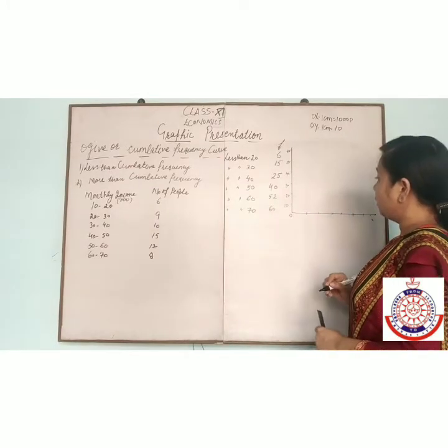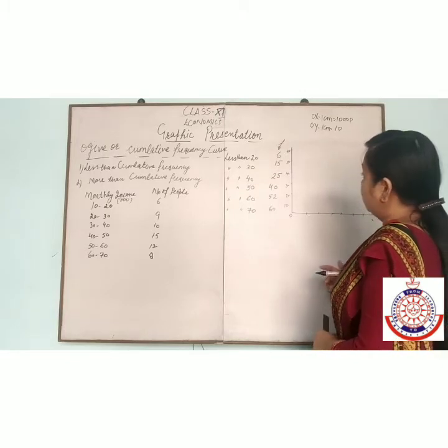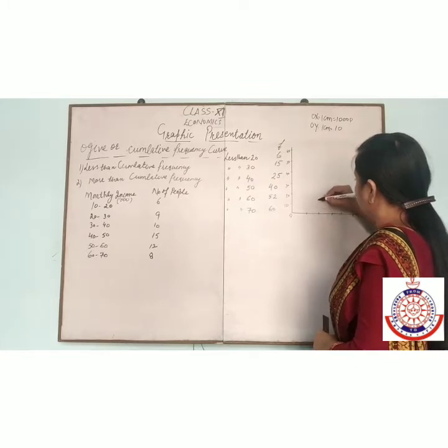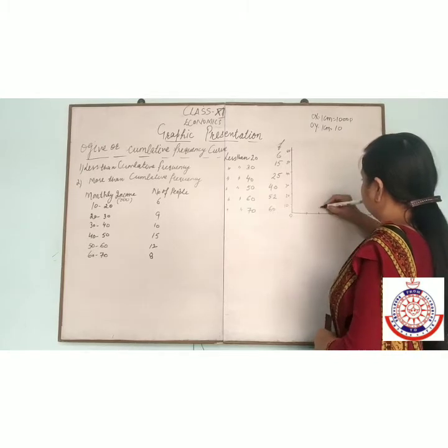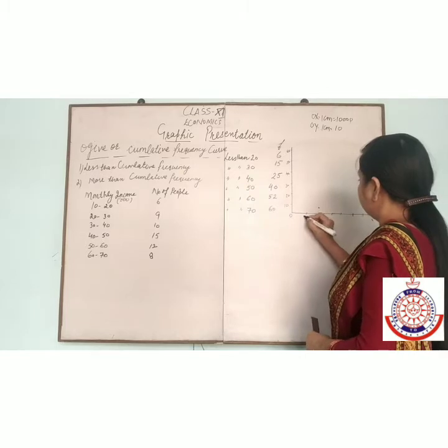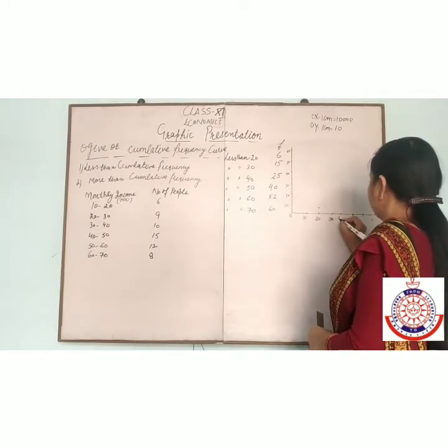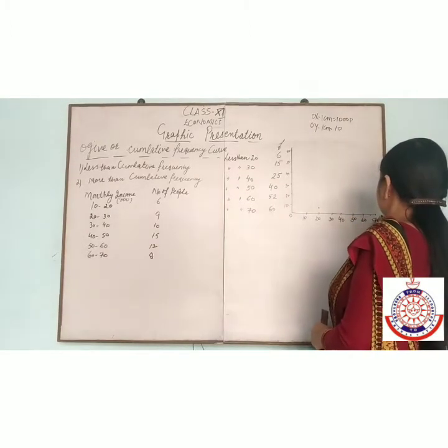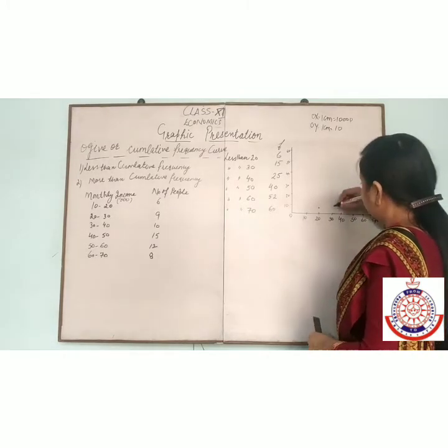Now less than 20 is 6 students. We will take 6 here.